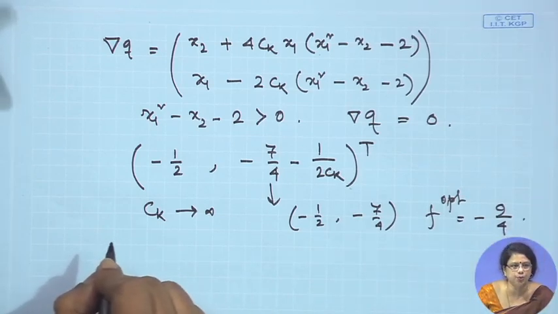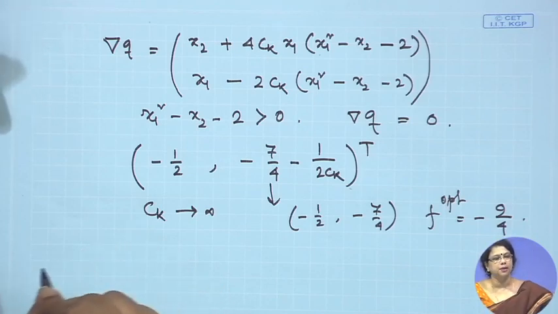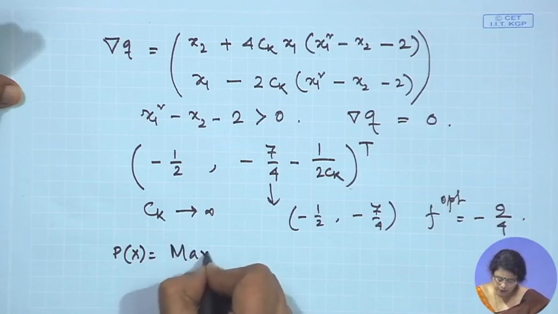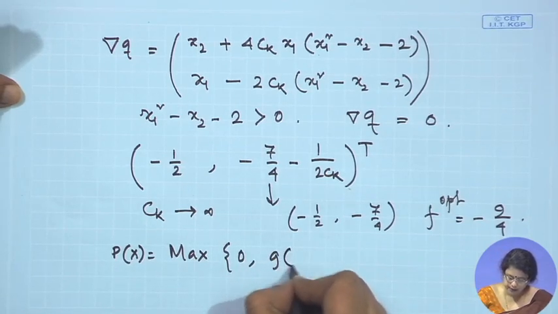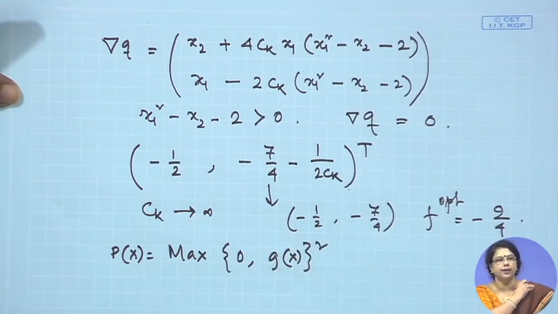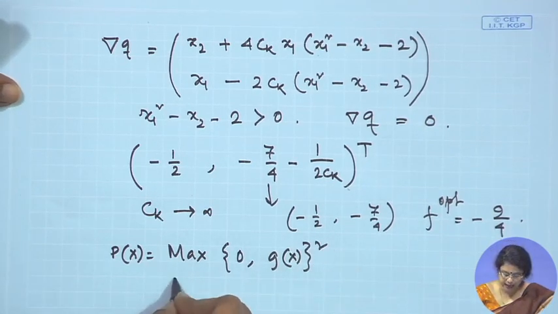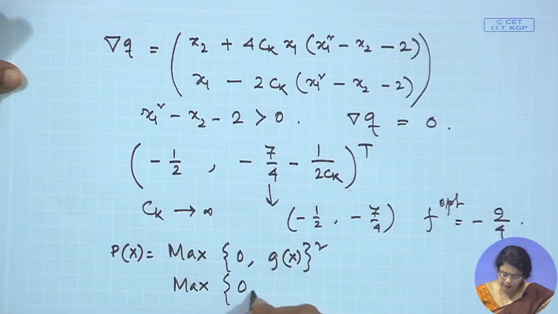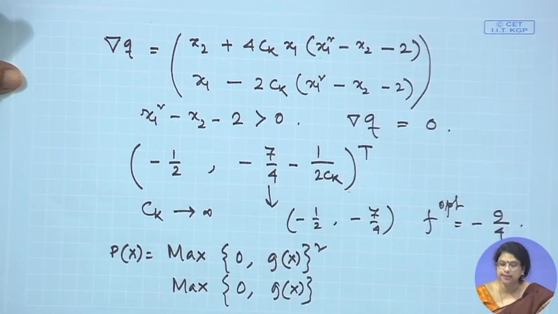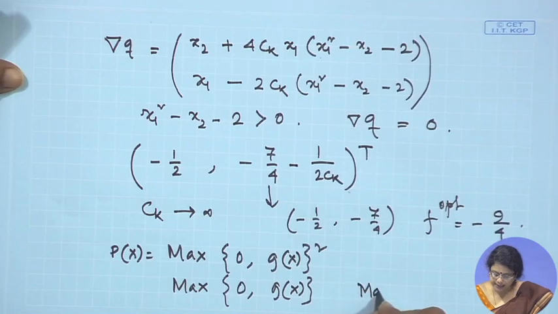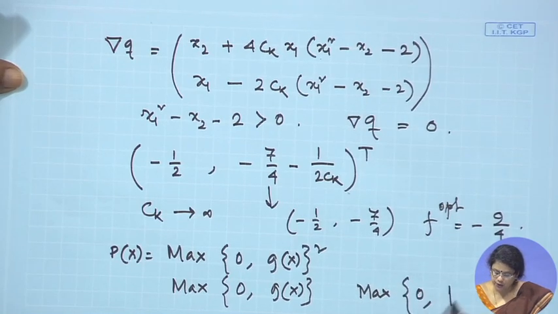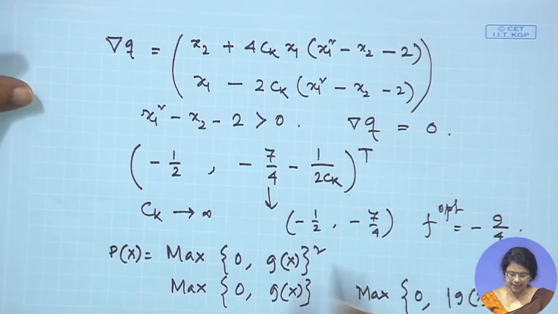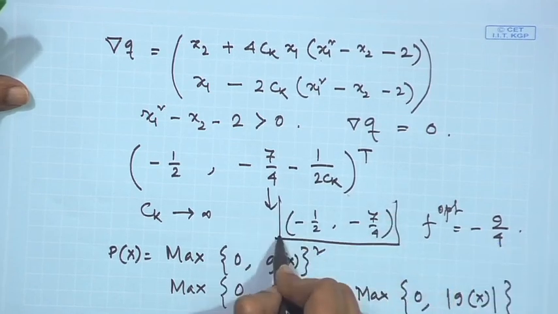Now, what I suggest to you is that we have considered the penalty function as P(x) equal to max of 0, g(x), to the power square. Instead of that, find out the solution for the same problem by considering g(x) in one case, or considering the penalty function as max of 0, mod g(x), and for both the cases you see whether you are approaching the same solution or not.